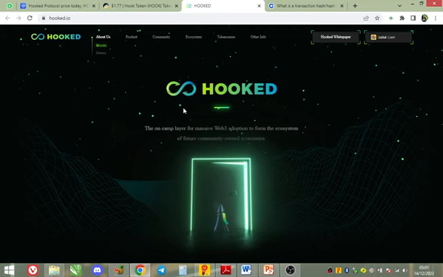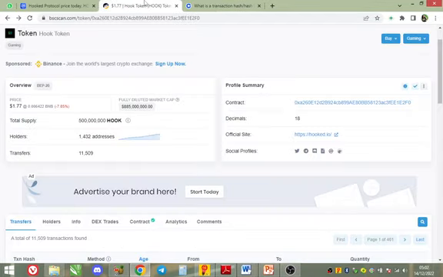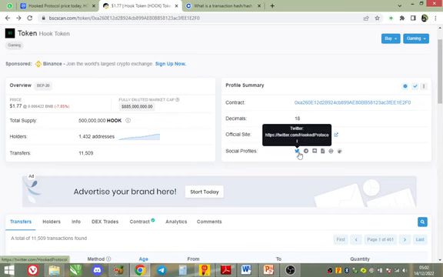You can get information, you can know about the community, and you can also get the white paper and the tokenomics, which we'll be discussing in our next class. Now, these are their social media profiles. Any of their social media handles that you need, you can get from here.